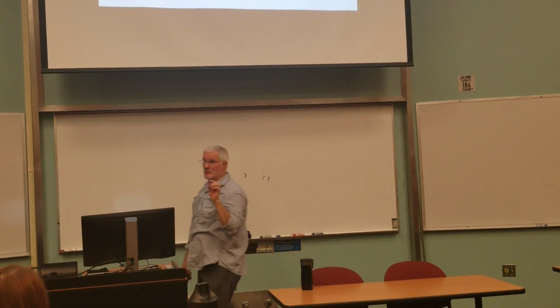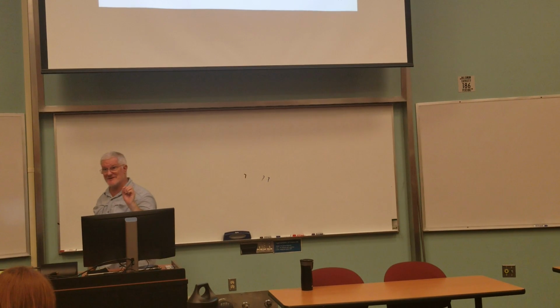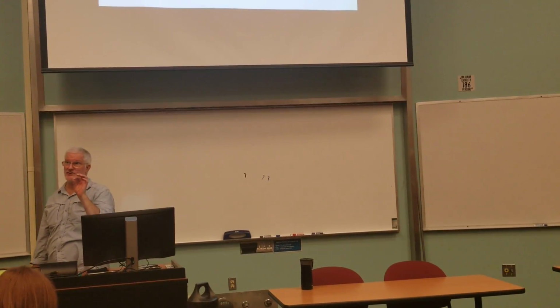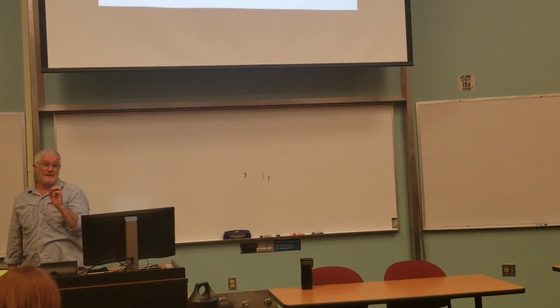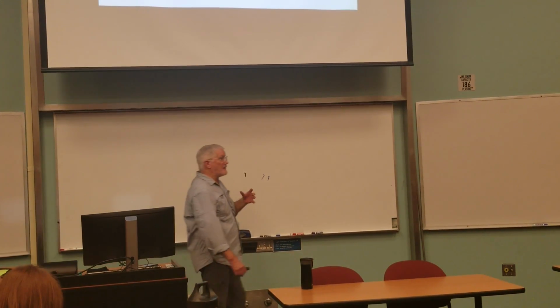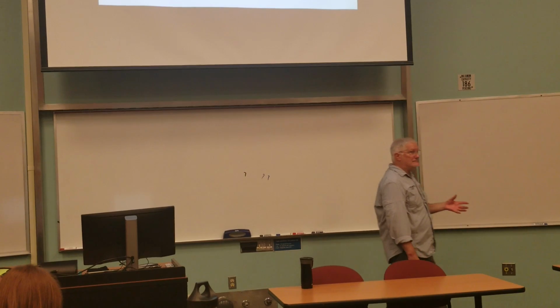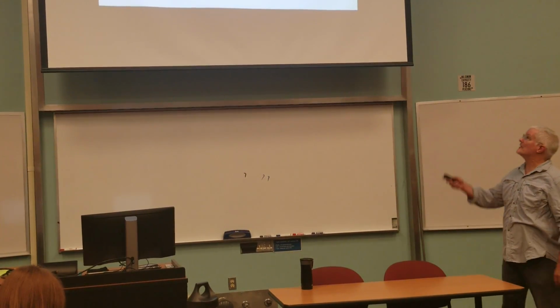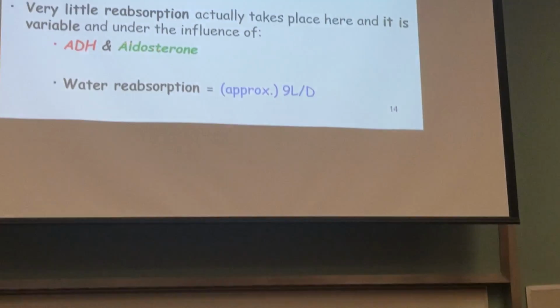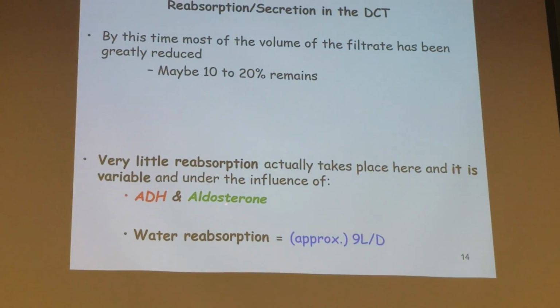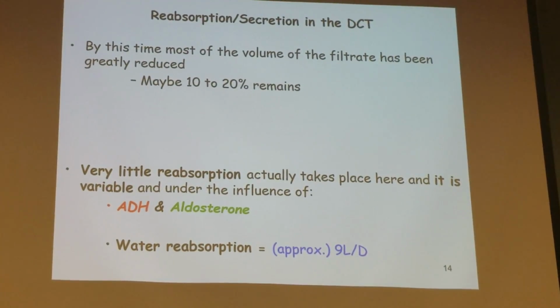Now we're at the distal. We flip it. The major job is secretion with a pinch of reabsorption, because we're down to about 20% of the volume of our filtrate to begin with. But also, this distal convoluted tubule is where we begin to be under the influence of ADH and aldosterone.